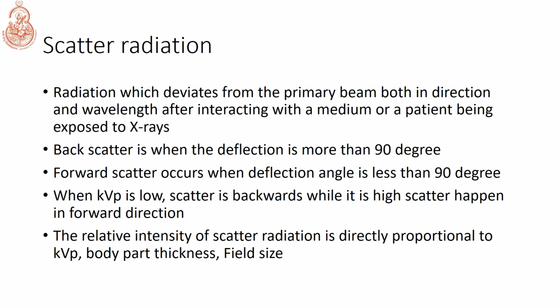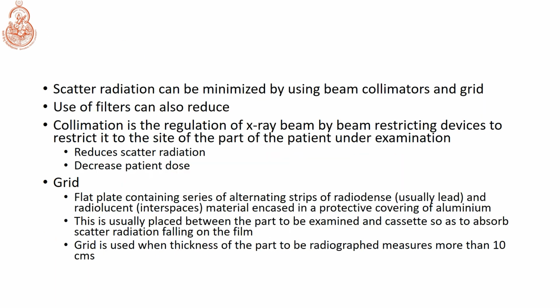The relative intensity of the scatter radiation is directly proportional to the kilovolt, body part thickness, and the field size. The scatter radiation can be minimized by using collimators and grids. Also, certain filters are helpful in reducing this scatter radiation.